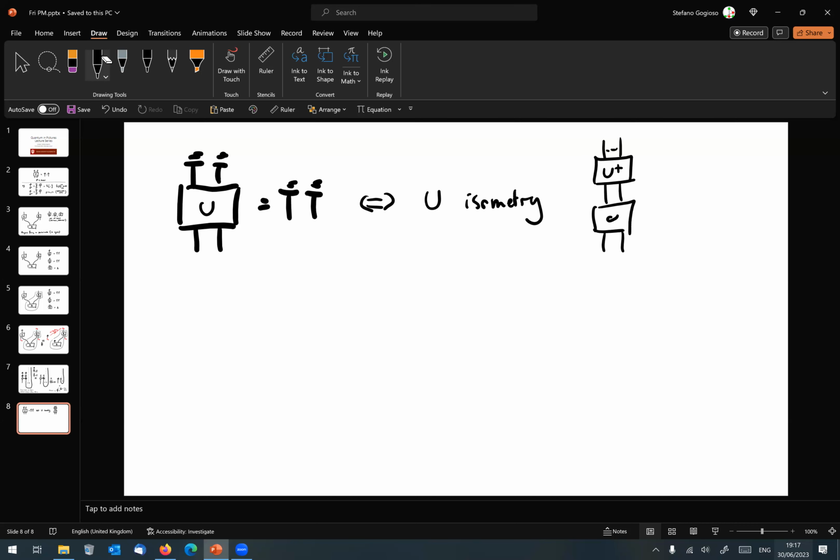Only on one side, not on both. So I only care about one side. So it could have different number of legs at the top and at the bottom, and that's okay.